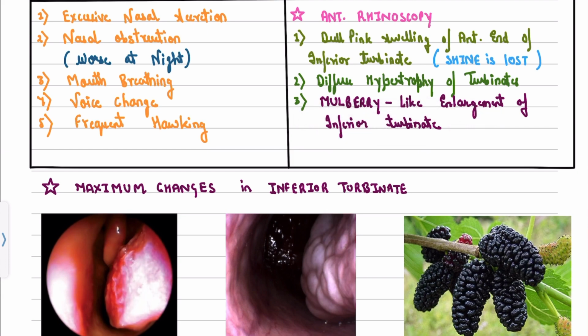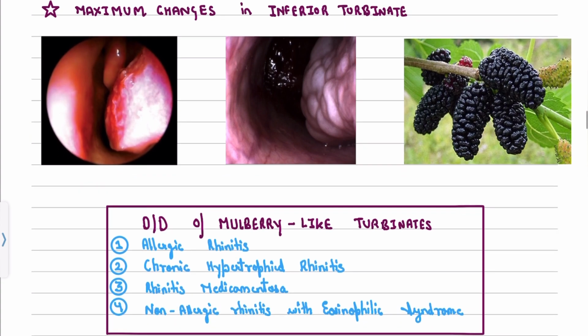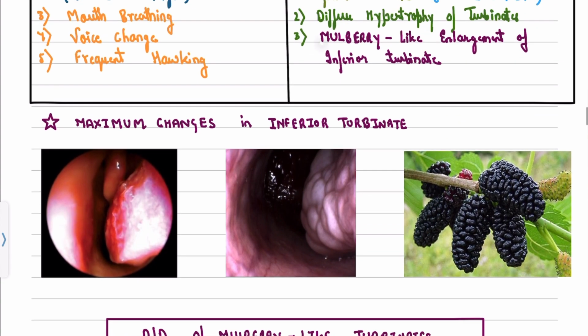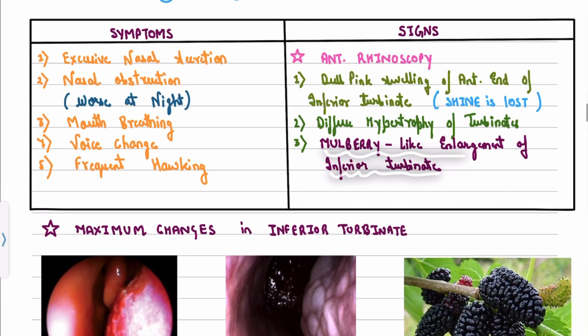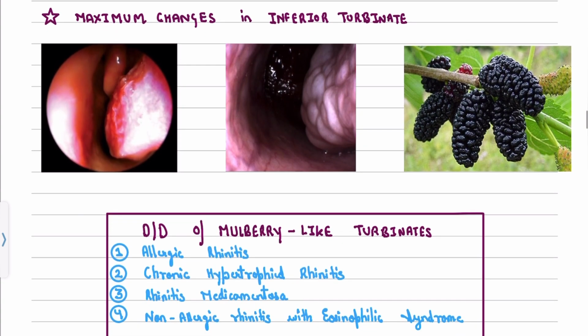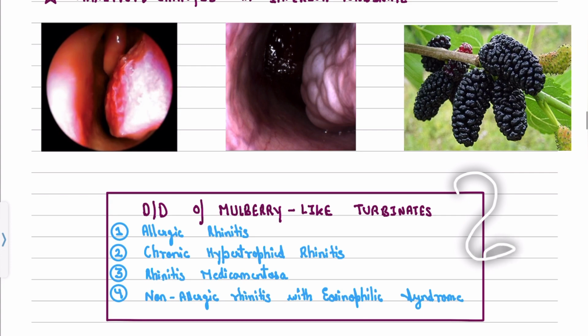Okay. Mulberry-like enlargement is not specific to inferior turbinate only. Mulberry-like enlargement is not just associated with chronic hypertrophic rhinitis. So this is the differential diagnosis of mulberry-like turbinates. Of course, we have studied mulberry-like turbinate in chronic hypertrophic rhinitis.